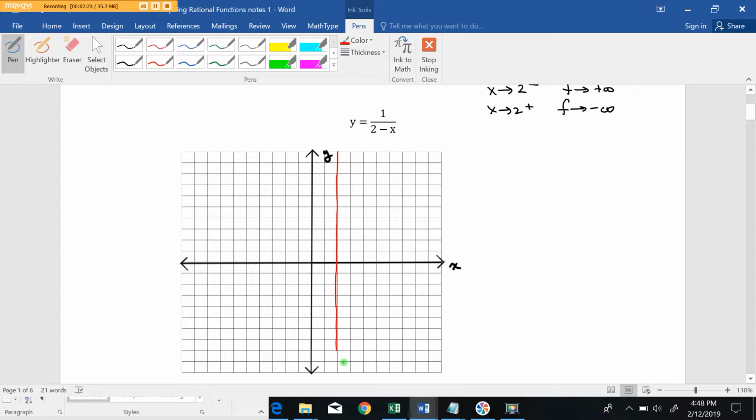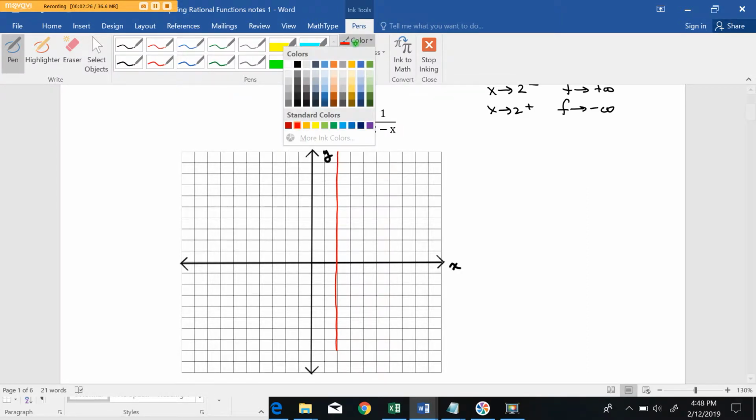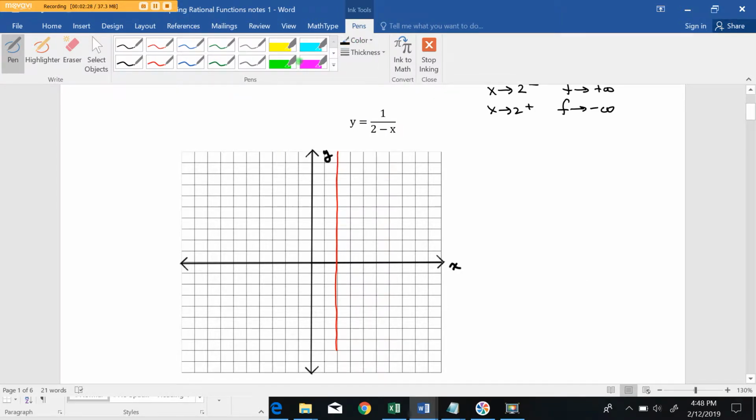Next, let's talk horizontal asymptotes. What we're wondering is, what does the function do when x gets really large, or goes to infinity? If you take your calculator, it's really easy to show: if you put in like 100 or 1,000 or 1,000,000, you're going to get approximately 0.